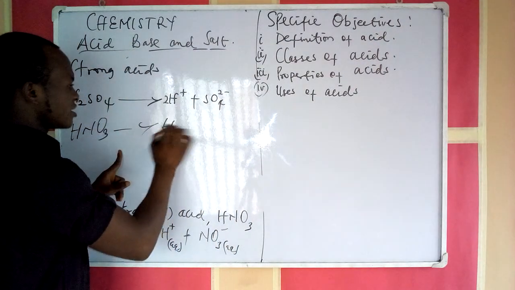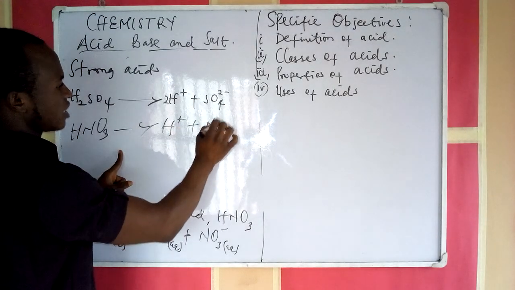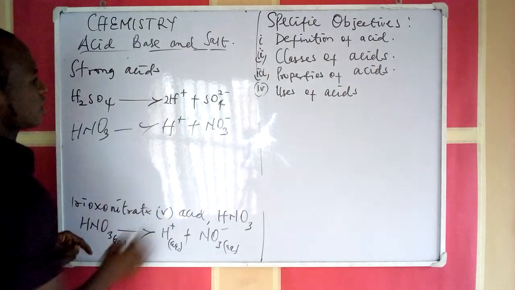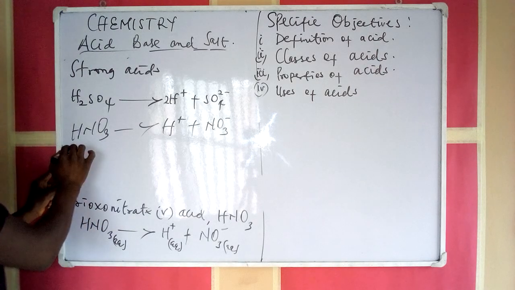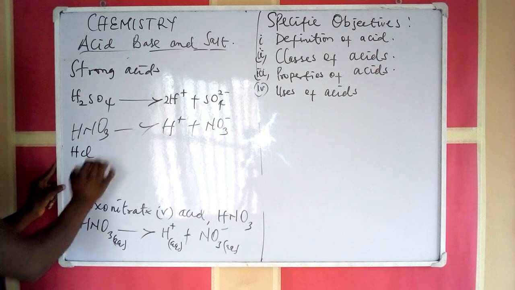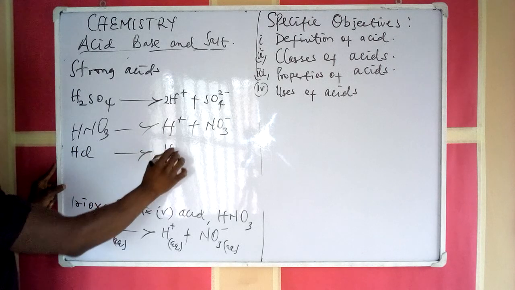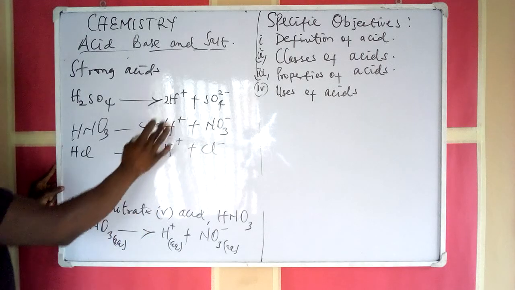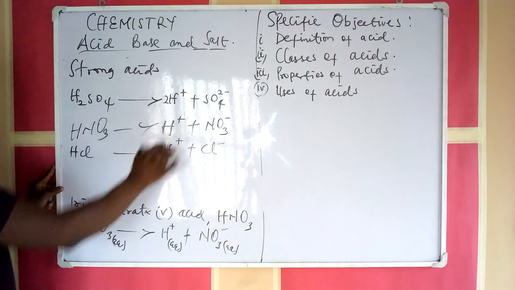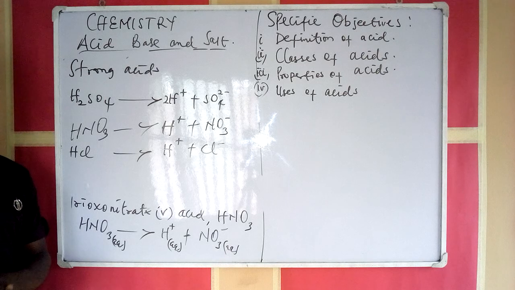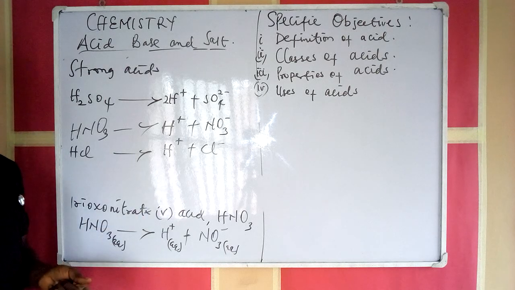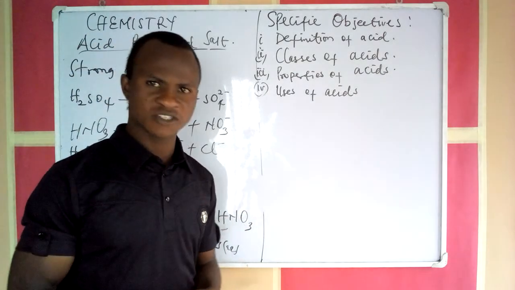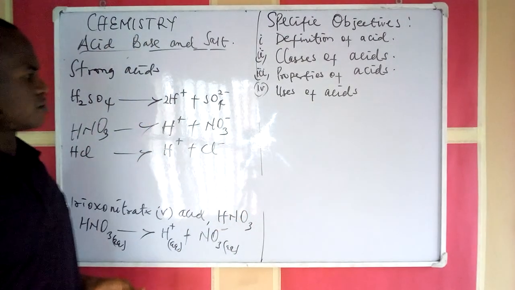It ionizes to have this and NO3 minus. Another example is hydrochloric acid, which ionizes to give H plus and Cl minus. These are examples of strong acids. We also have other ones like hydrobromic acid. It is also a strong acid, though it is not that common.